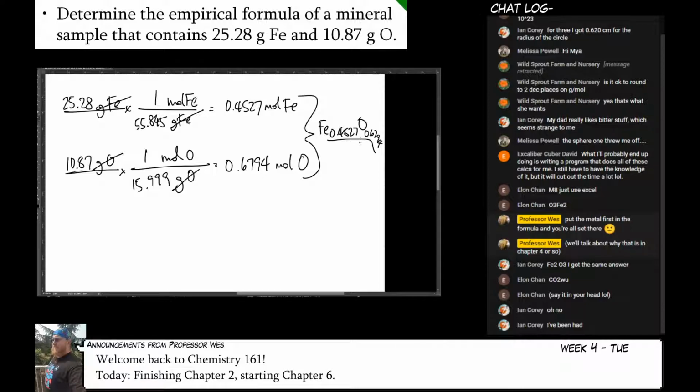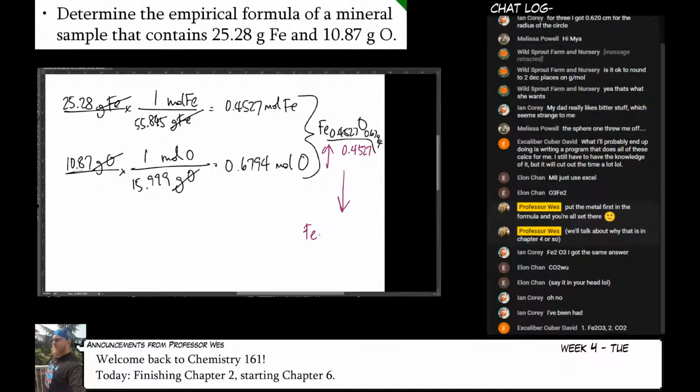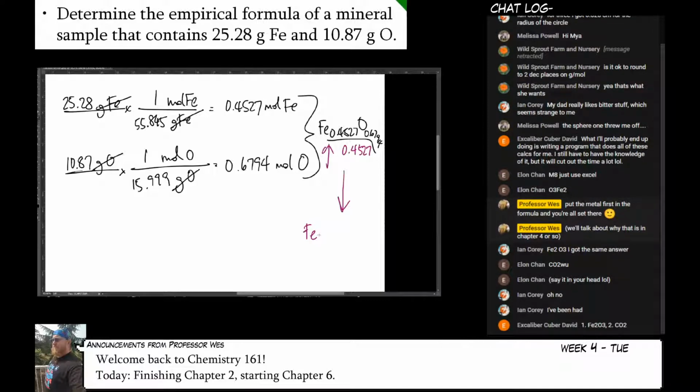Ran out of space. This is the smaller number, so I'm going to divide by that number. Let's just try that again. I'm going to divide by that number. And when I do that, I get iron 1, oxygen 0.6794 over 0.4527, which is 1.5.